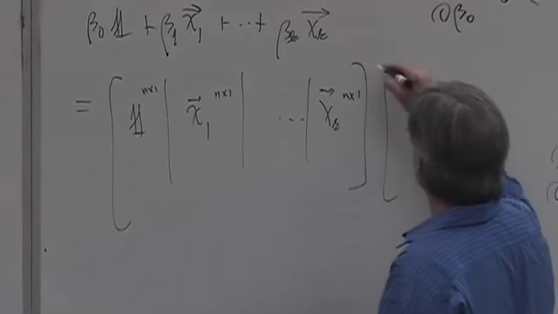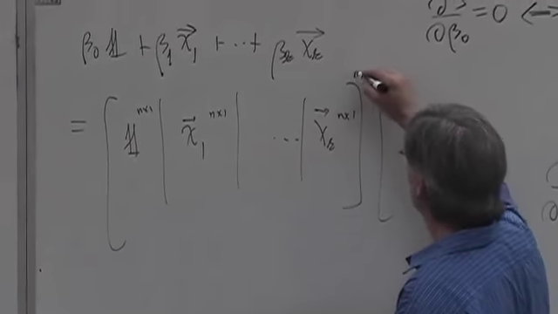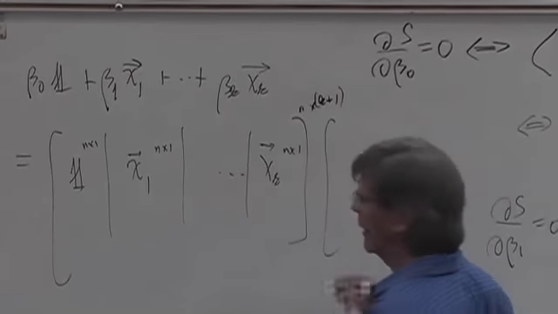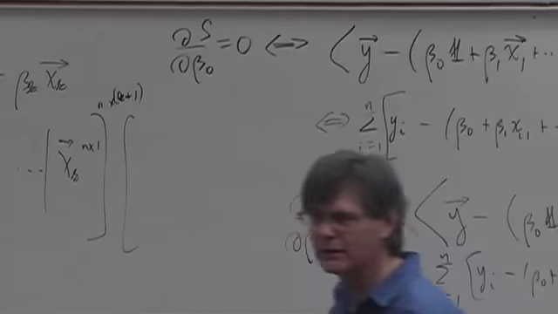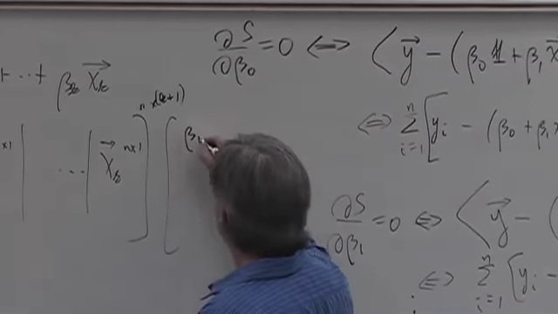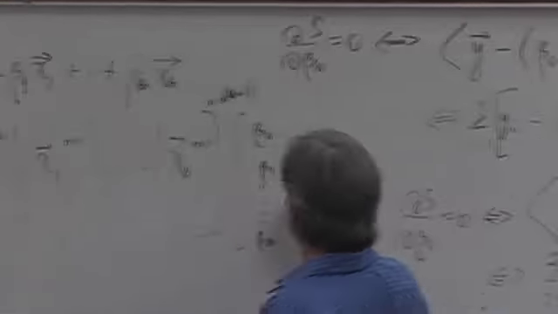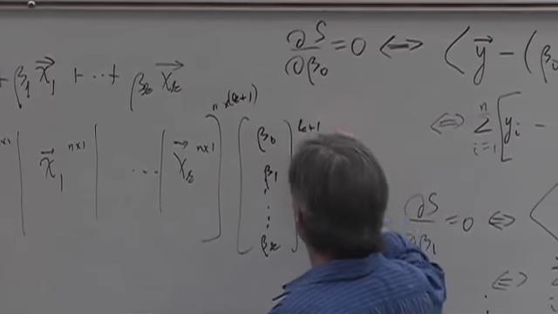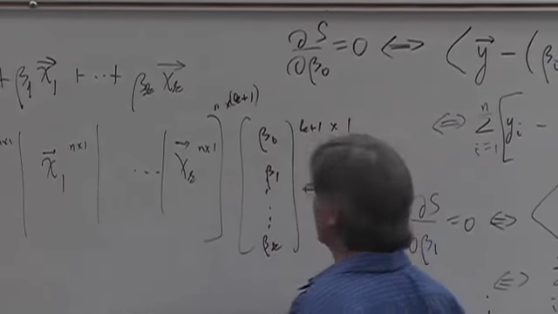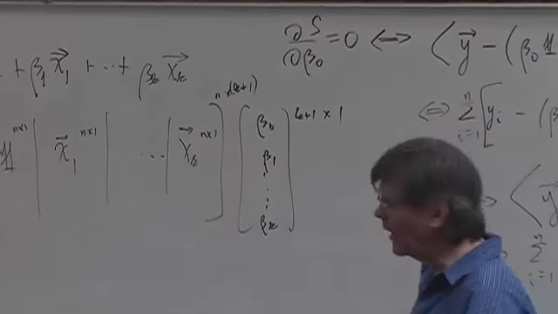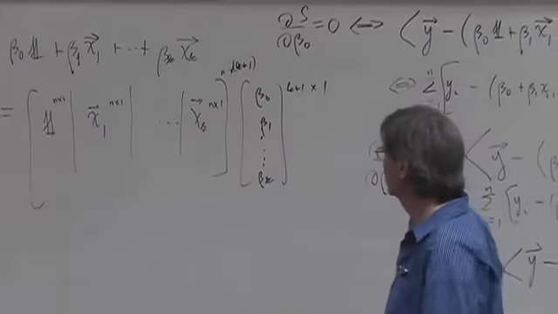Altogether this is therefore an n by k plus 1 matrix, because I've now put k plus 1 columns together, times beta 0 down to beta k. That's my k plus 1 by 1 matrix. So altogether I get an n by 1 product. And that's the linear combination.